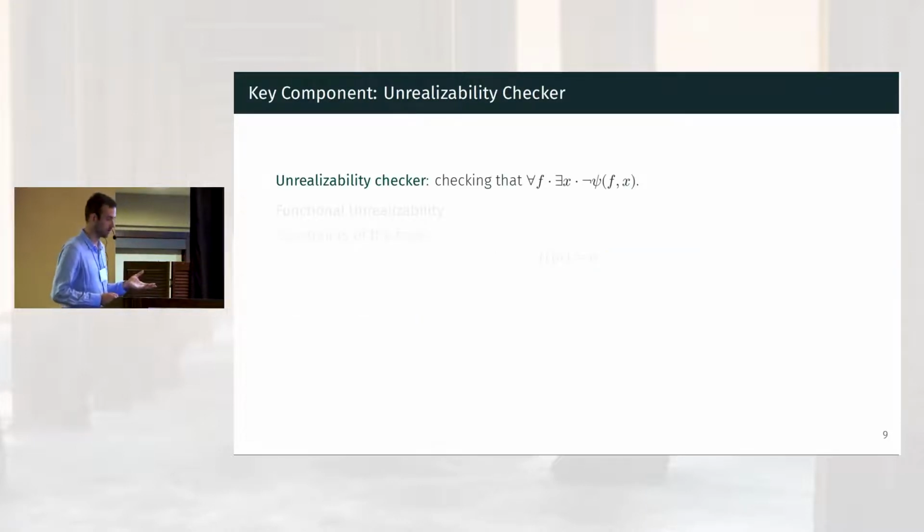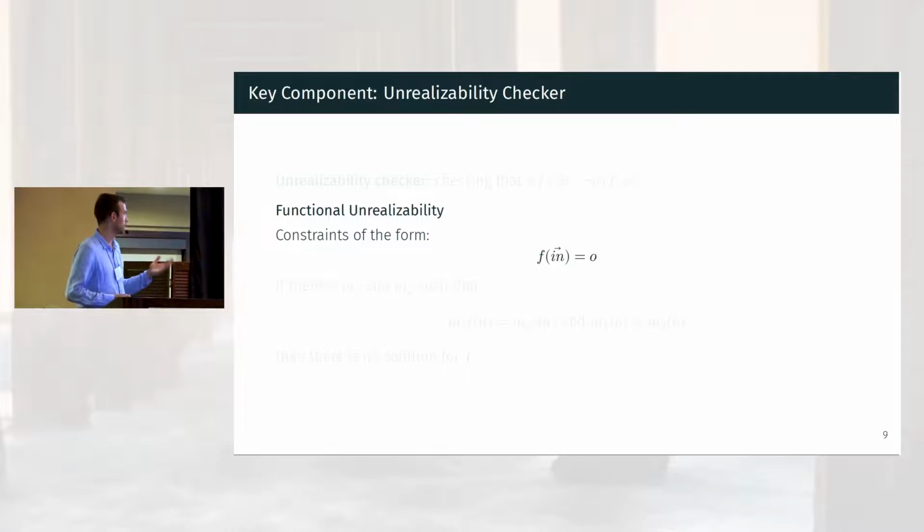So the key component in this procedure is the unrealizability checker. And we want to check that there is no function that can possibly satisfy the set of constraints we have. And we designed a technique that we call functional unrealizability and focuses on type of constraints where we have some unknown function f that takes some input and has some output.